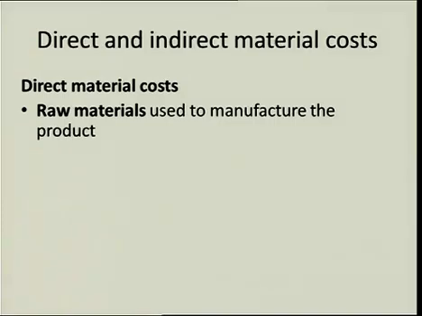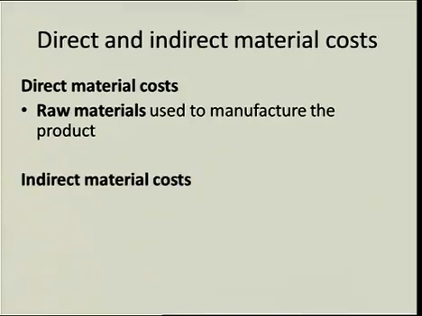In the example we're going to use later on, Glen table manufacturers, Glen will have to buy wood because he's making tables. He would probably also have to buy nails. His wood will be the direct material cost. Why is it direct material cost? Because it forms a significant part of the product.